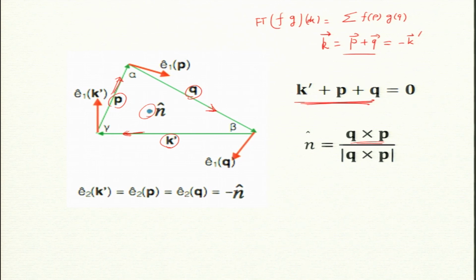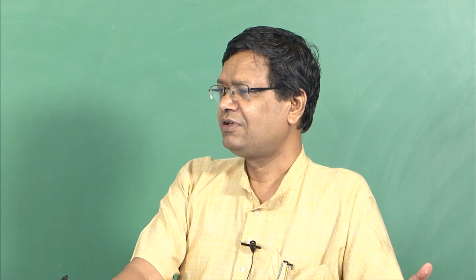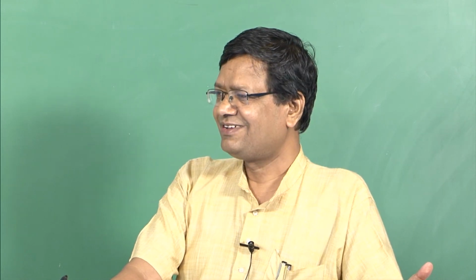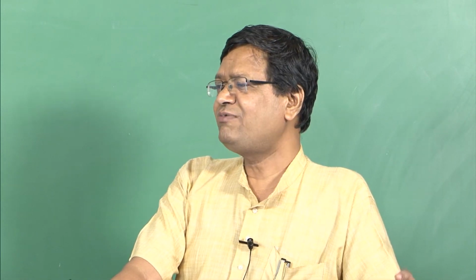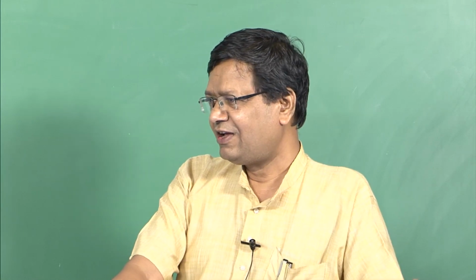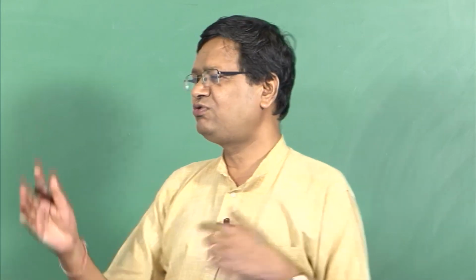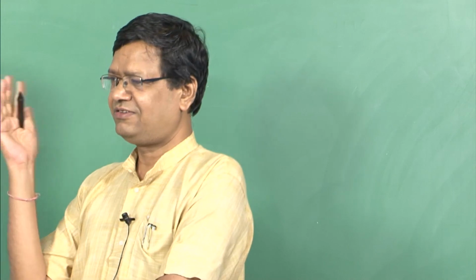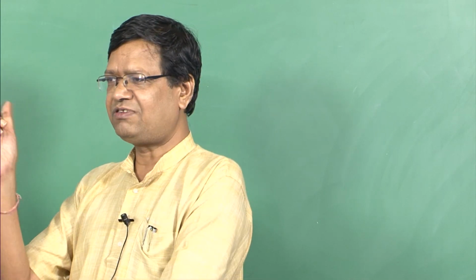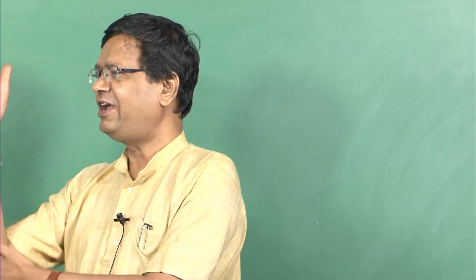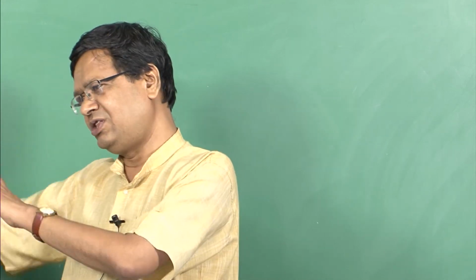So, let us worry about k prime. Is this n cap different from the n cap that we used in deriving E3 previously? No, it is the same thing. That time we did it for a single k. For a single k, I said you can choose any n cap, and then I could make E1, E2, E3.